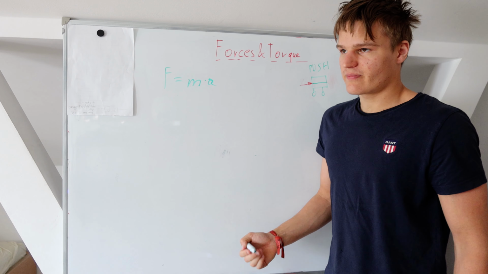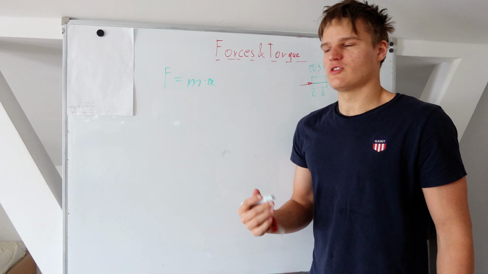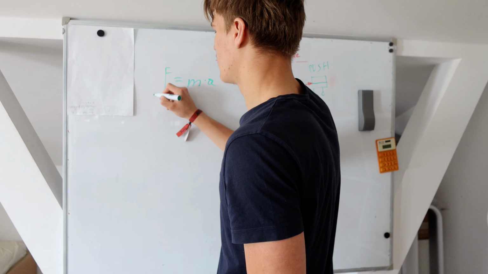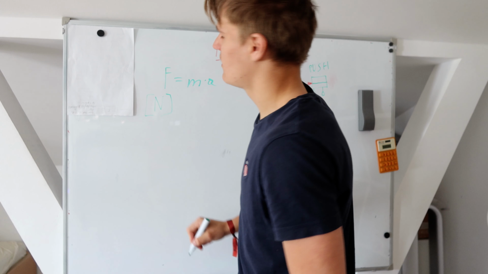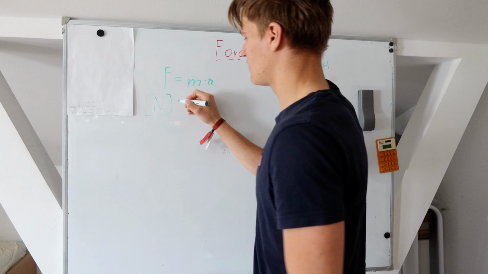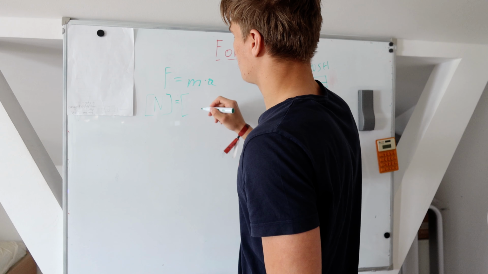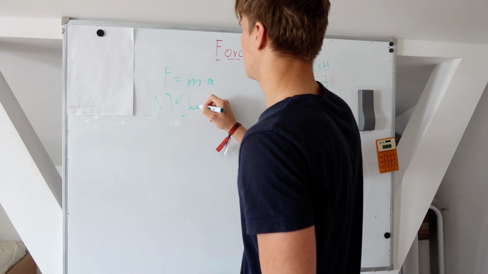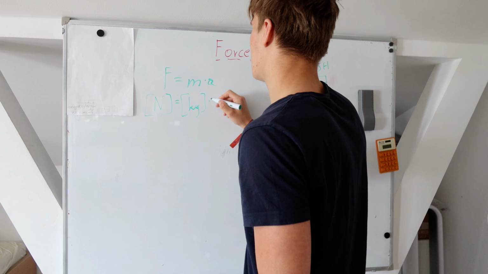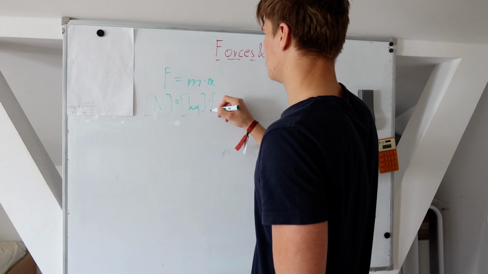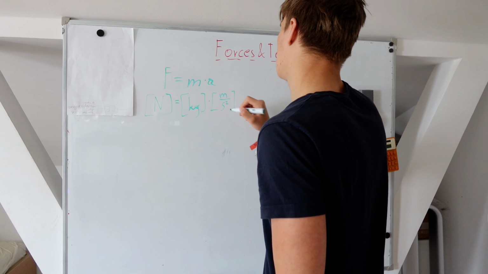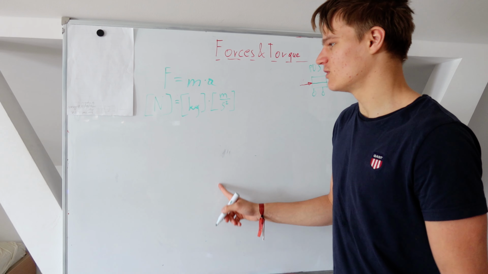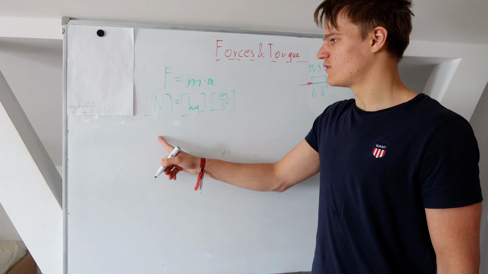Why do I say that Newton discovered this? If you look at the units, the unit is actually the Newton. The unit Newton is equal to kilograms times acceleration. What is the unit there? Of course, meters per second squared. So this is actually the unit of Newton.